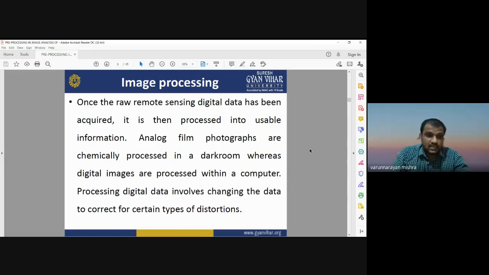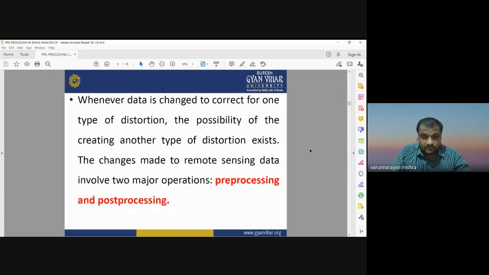The processing of digital data involves changing the data to correct for certain types of distortions. Whenever the data is changed to correct for one type of distortion, the possibility of creating another type of distortion exists. So the major goal of pre-processing is to reduce the distortions, to reduce the errors, or to rectify the errors present in the images.